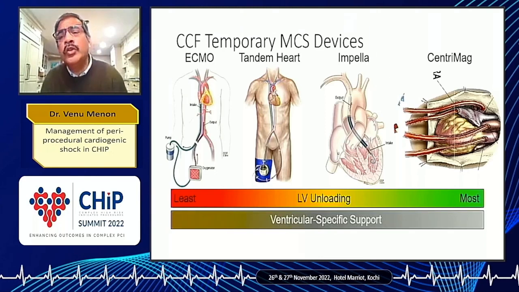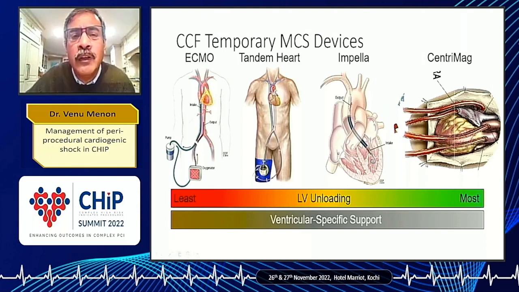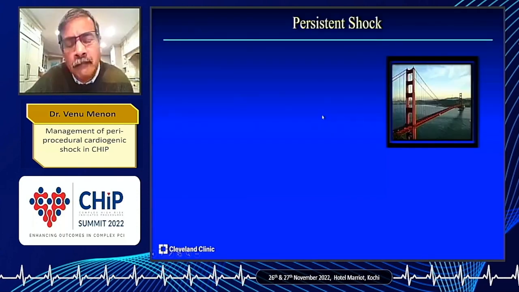And we can also show ventricular specific support so that if we needed isolated left ventricular support, we could use something like an Impella 5.5. On the other hand, if we needed right ventricular support, we could go with a ProtekDuo. Or if we needed biventricular support, we could go with an ECMO. So all of these strategies are now readily available to the cardiologist by the bedside.